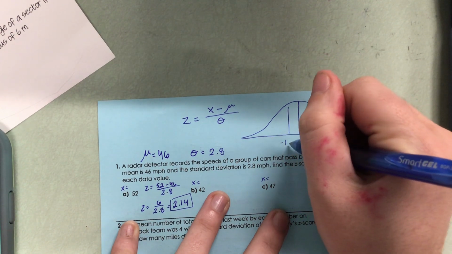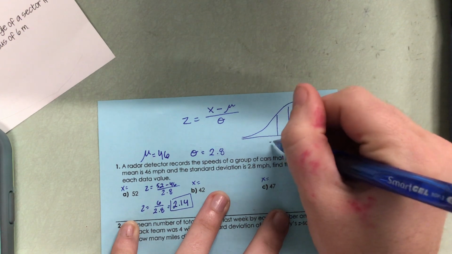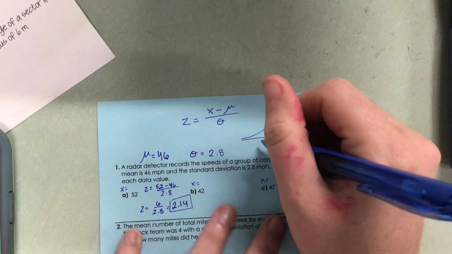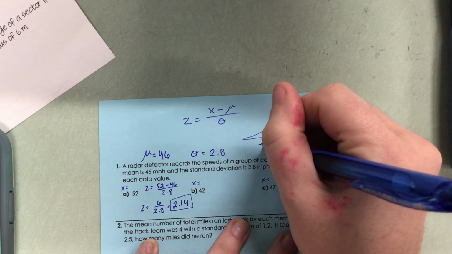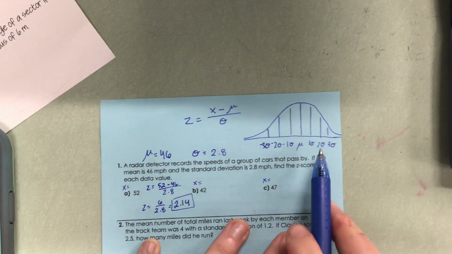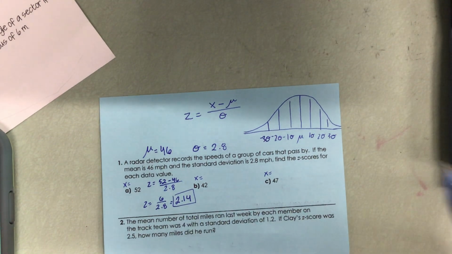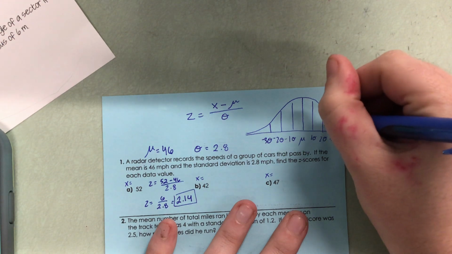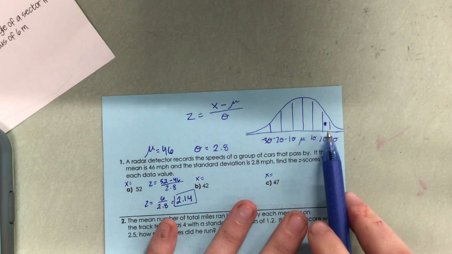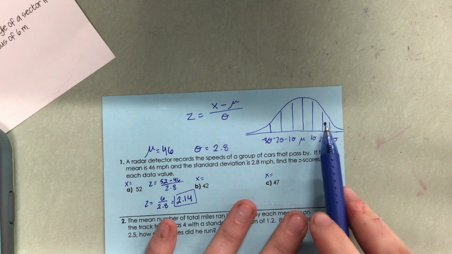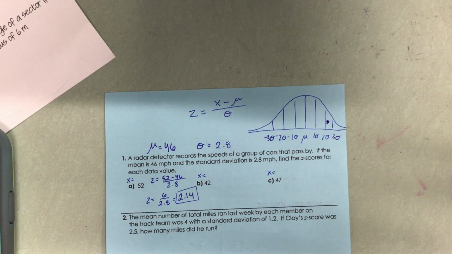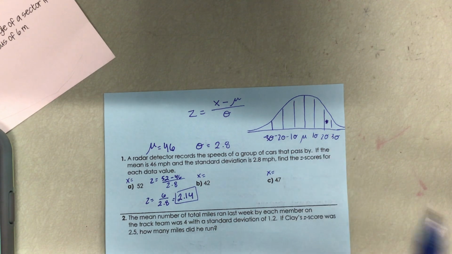This is also the same thing, just in the negative direction. 2.14 says it lies somewhere in here. So do you remember that video where we're talking about how we don't know exactly where it is, but it's roughly in a certain spot? That's what the z-score is telling us. It's exactly how far away from the mean we are.